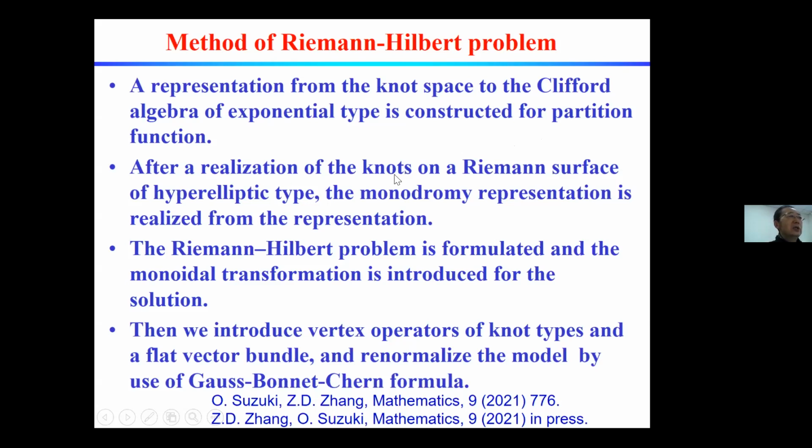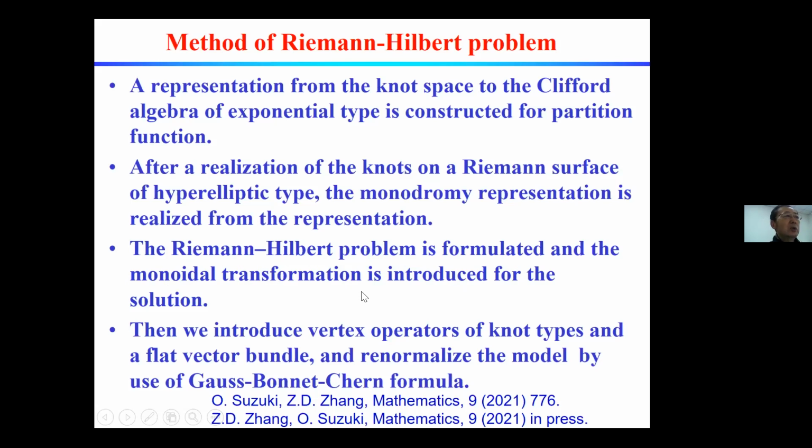After realizing the knots on a Riemann surface, the monodromy representation is realized for the representation. Then we apply the Riemann-Hilbert problem and also the monoid transformation for the solution.